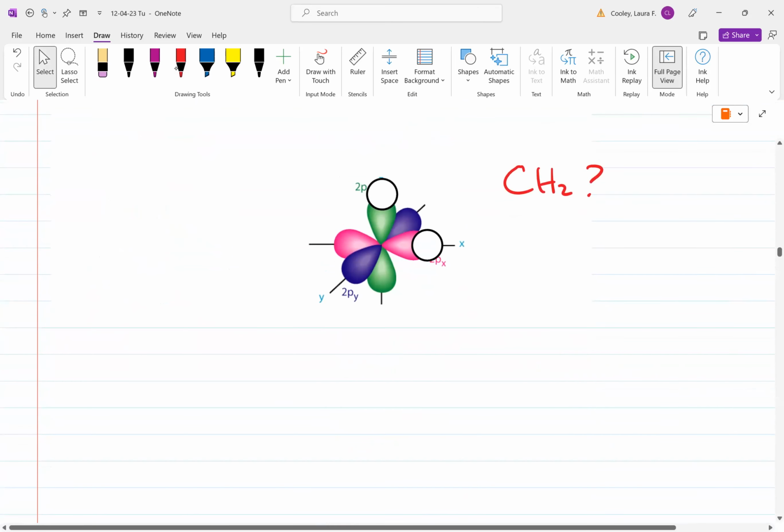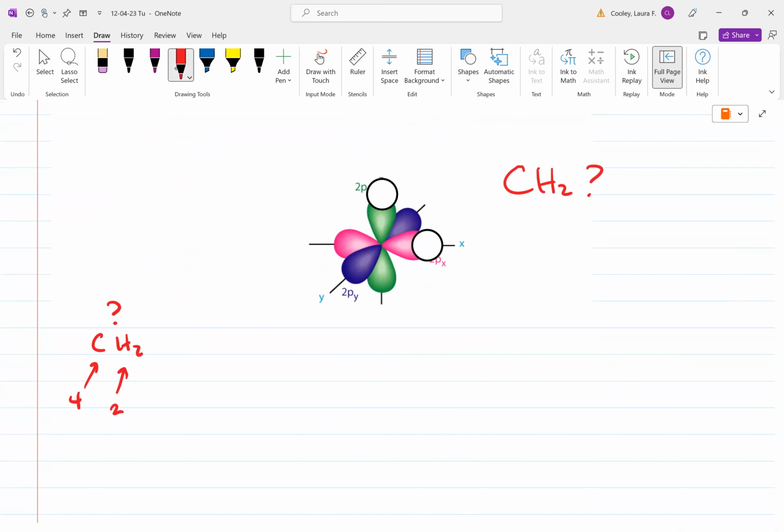Can you even draw a Lewis structure for CH2? You would have 4 valence electrons here, 2 from the hydrogens, you have 6. You don't even have anywhere to put those electrons. So this is just not possible.